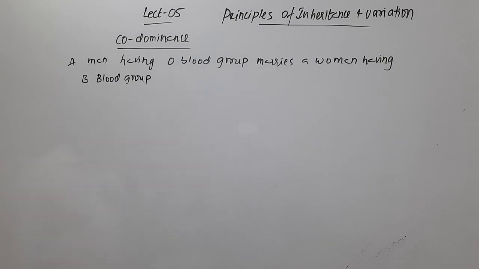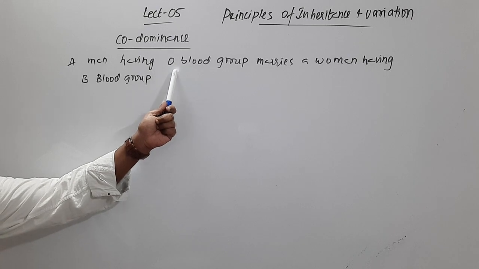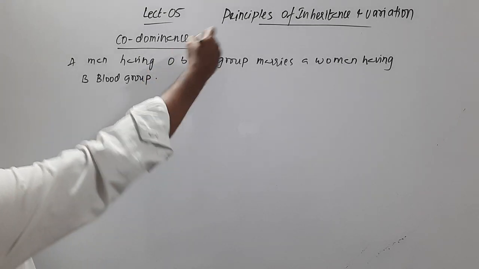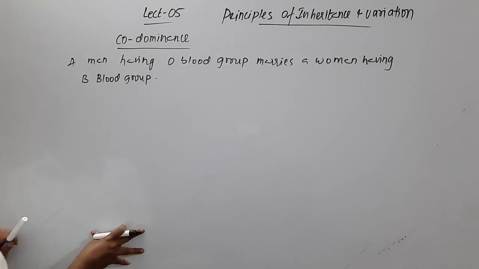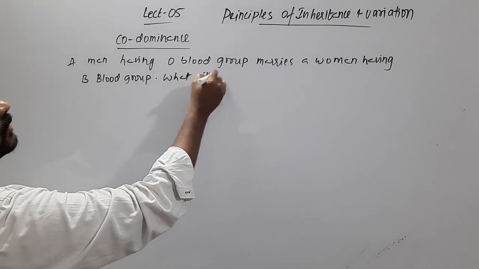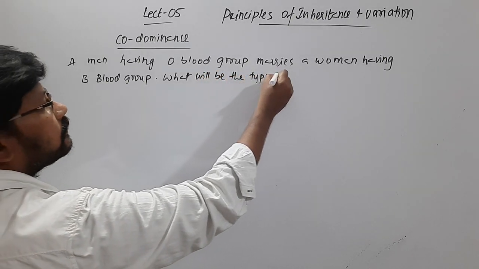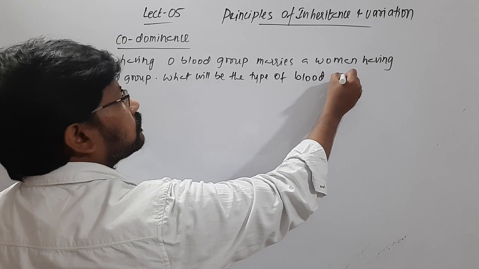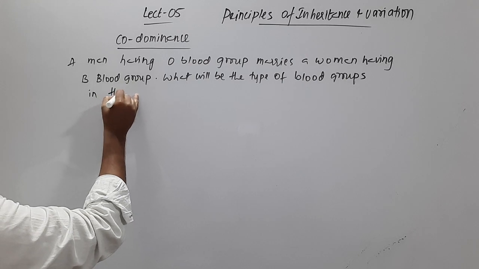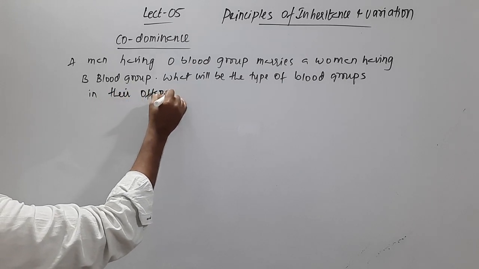In this case, we know O blood group will always be homozygous, whereas for B blood group I'm not going to mention whether it is heterozygous or homozygous. So what will be the type of blood groups in their offspring?